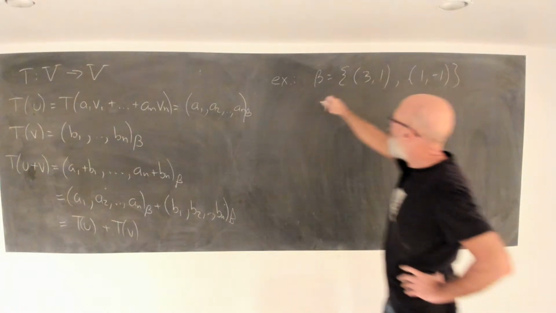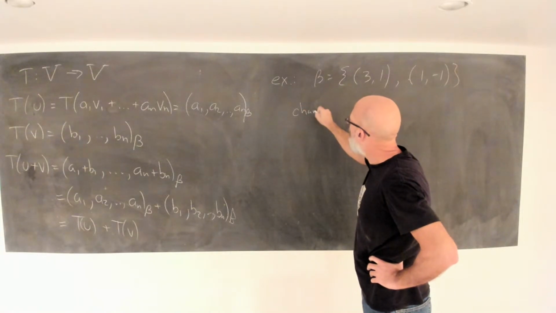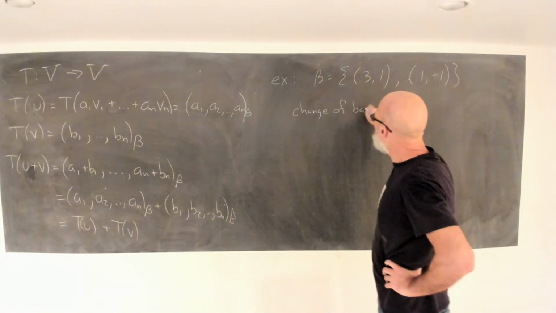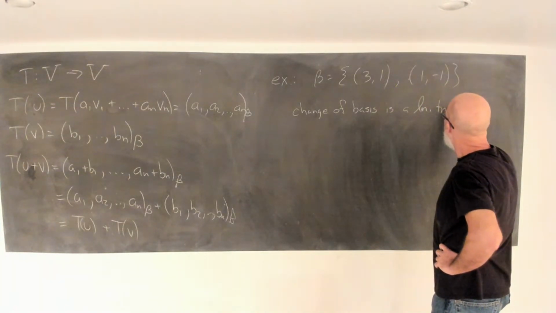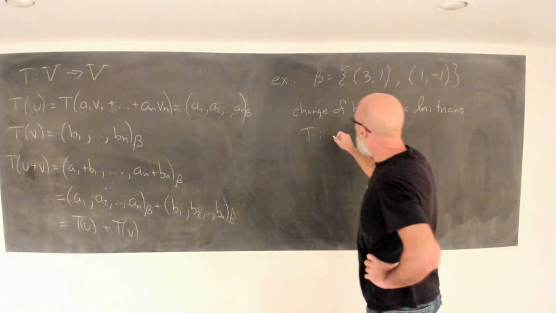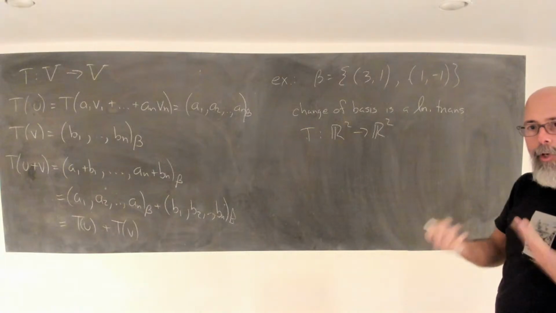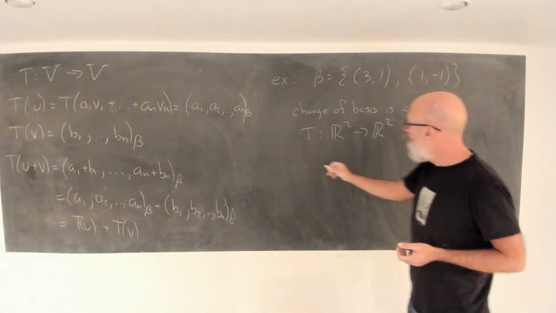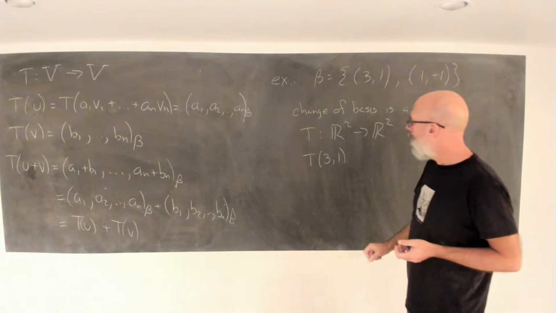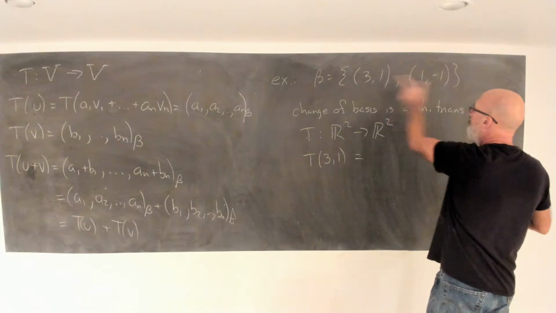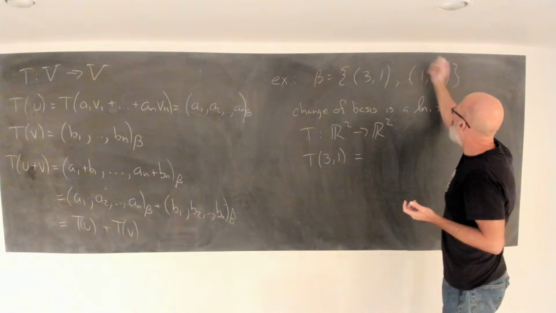And so here, the change of basis is a linear transformation going from R2 to R2, and it's just rewriting the vector (3, 1) in the basis B. Minus 1, 1, George, thank you.